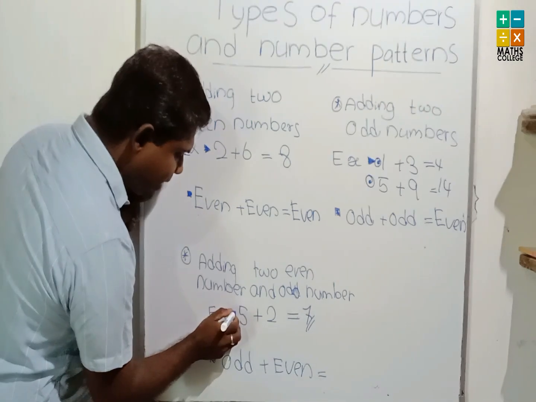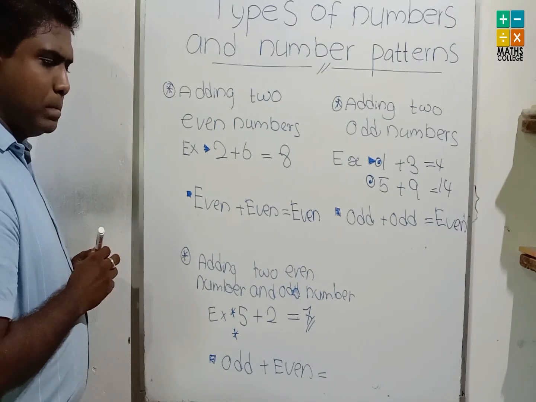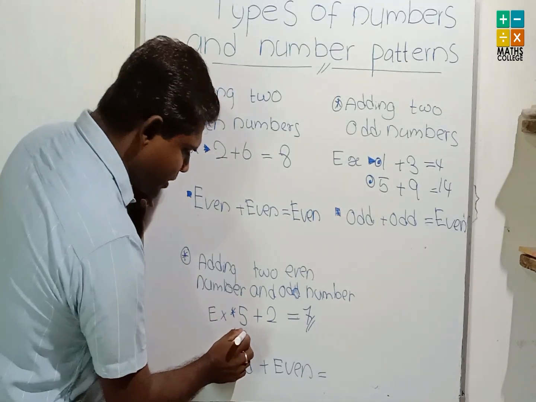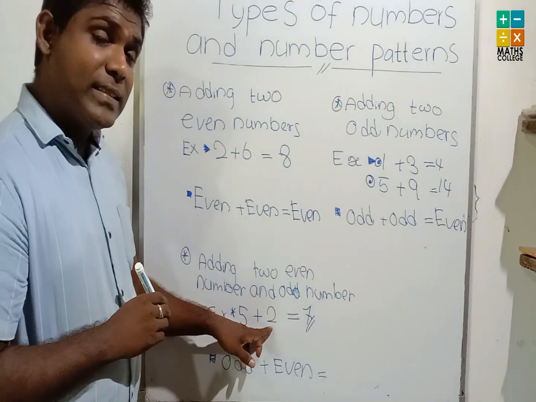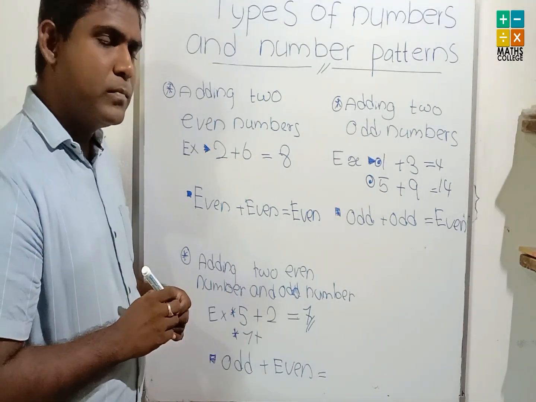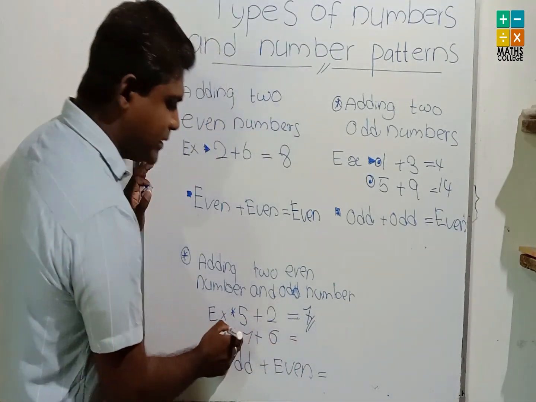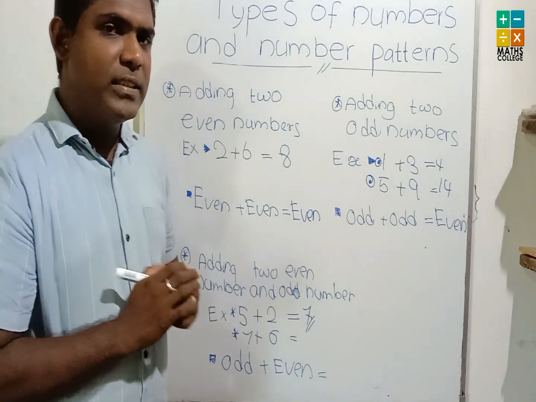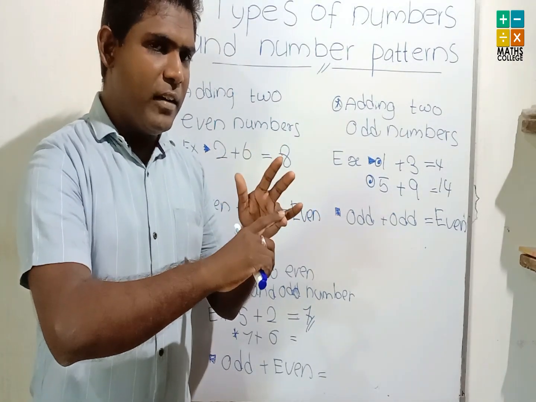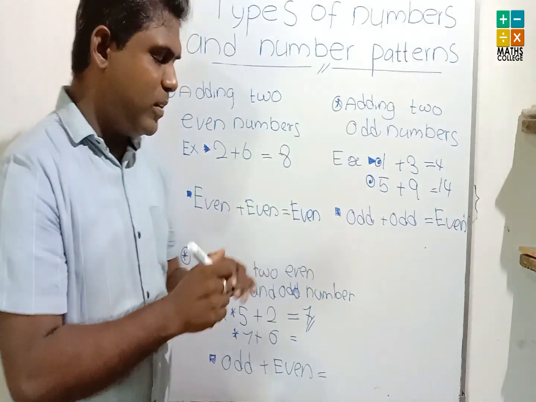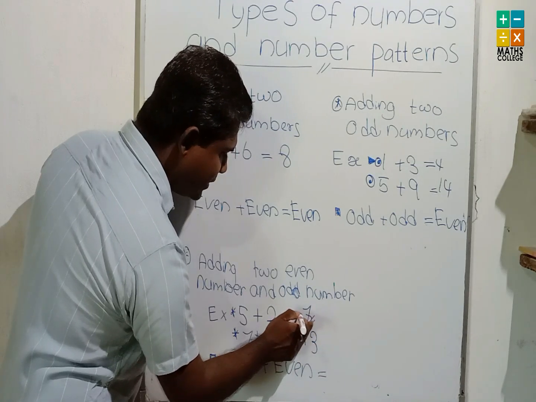We can take another example also. What is 7? 7 addition, as an even number, what is 6? Yes, 6. 7 addition 6 is 7, 8, 9, 10, 11, 12, 13. The answer is 13.